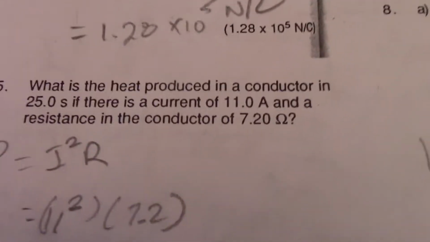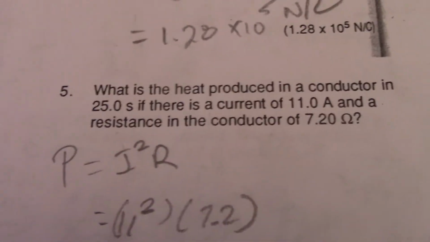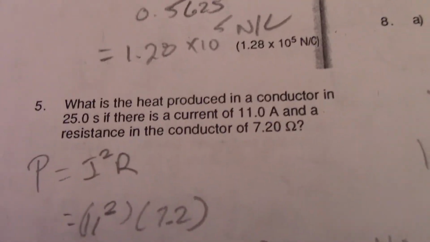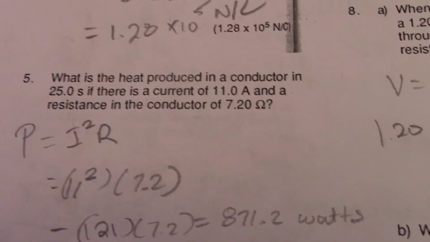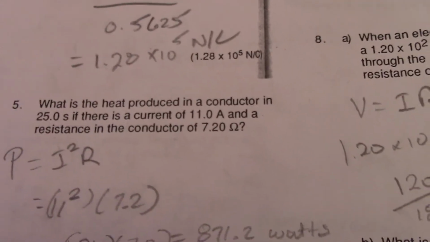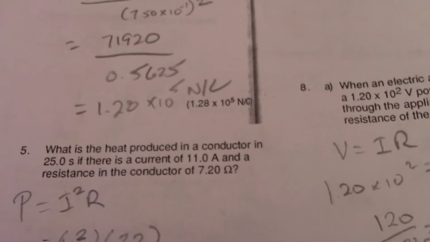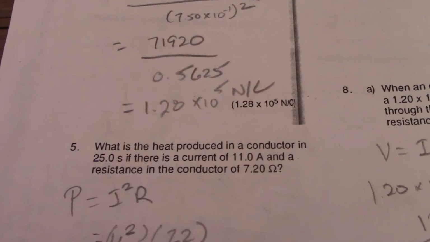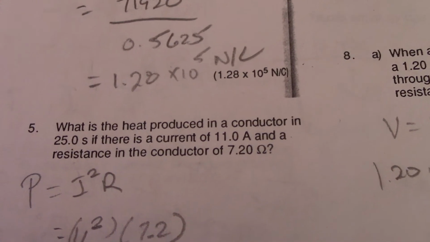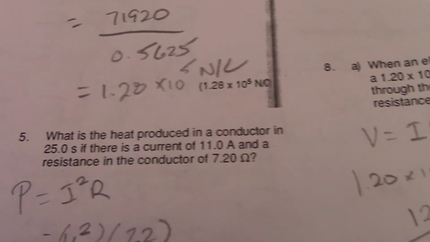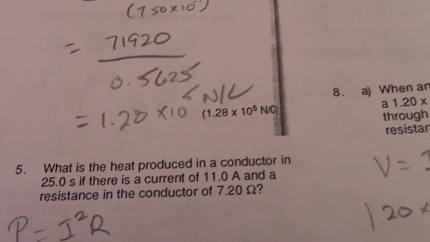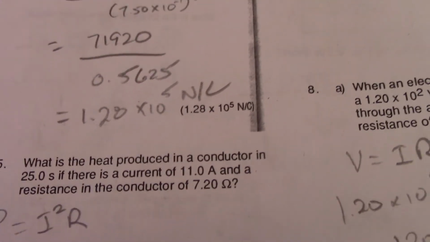This is a type of question that you are going to have on a quiz, a two-step question. The question is asking, what is the heat produced? Heat is synonymous with energy, so you need an answer in joules. So you have to know what's being asked. What is the heat produced in a conductor in 25 seconds if there is a current of 11 amps and a resistance in the conductor of 7.2 ohms?